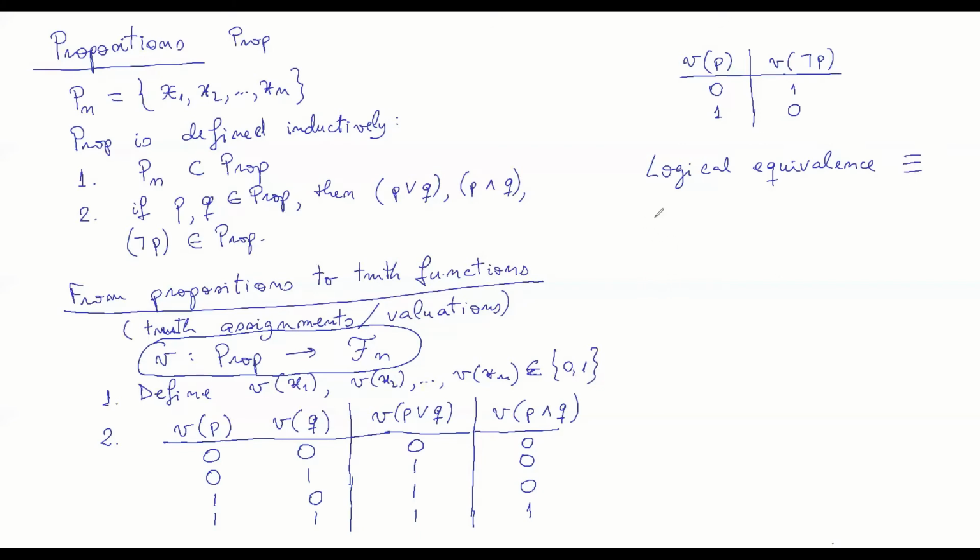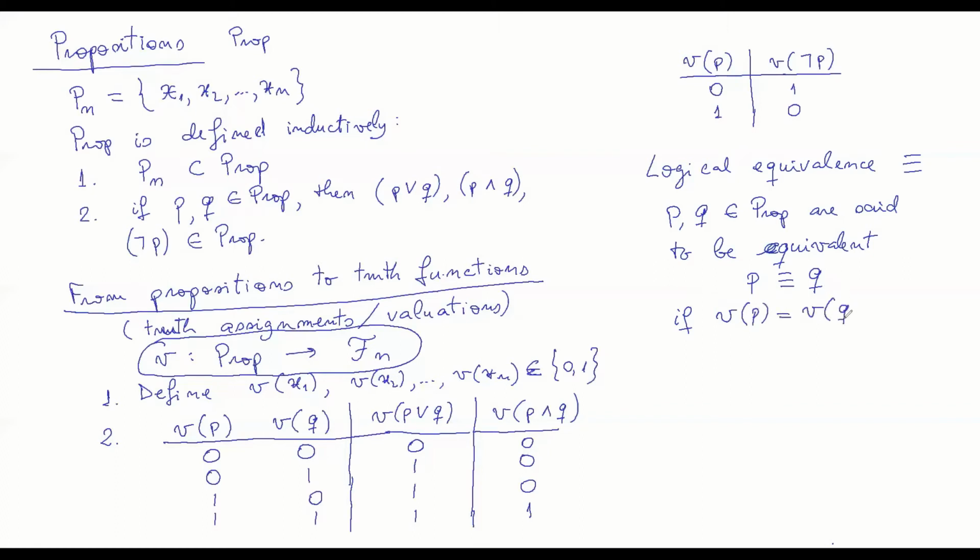And we will say that two propositions are said to be equivalent, and we denote this by P is equivalent to Q, if, and here is the valuation of P is equal to the valuation of Q for all possible valuations in nu n.